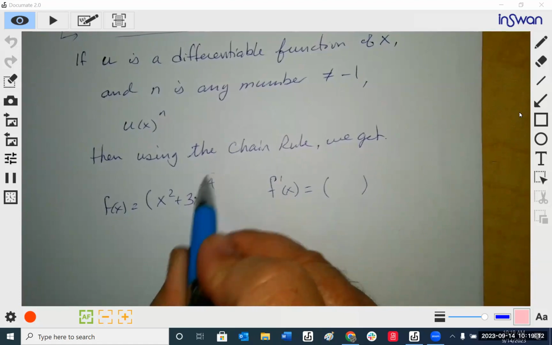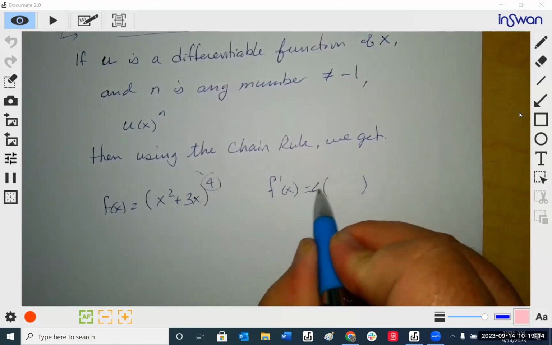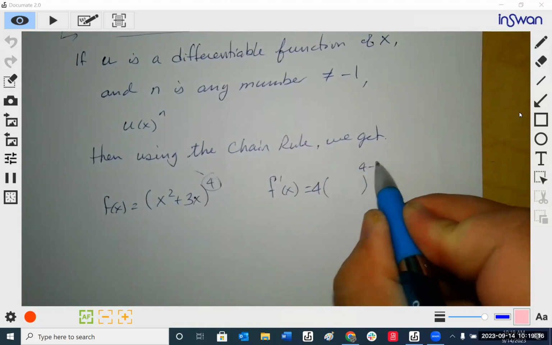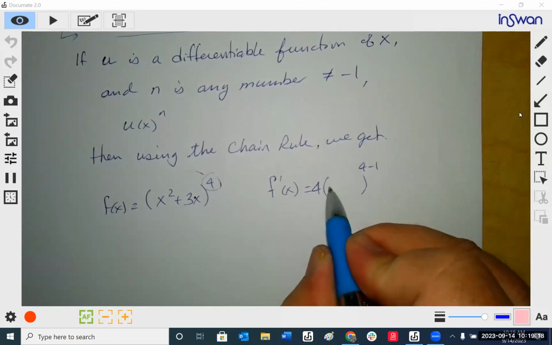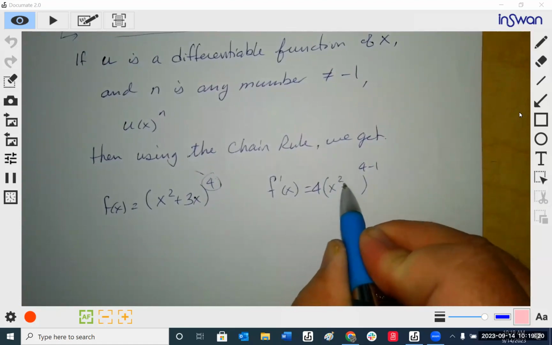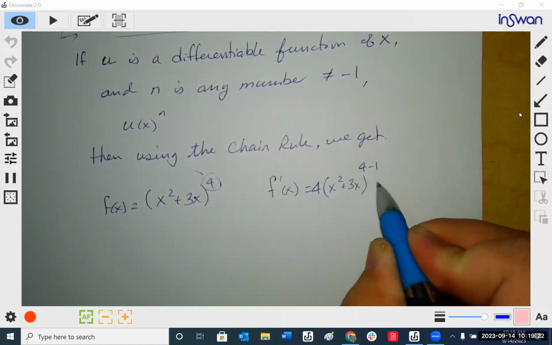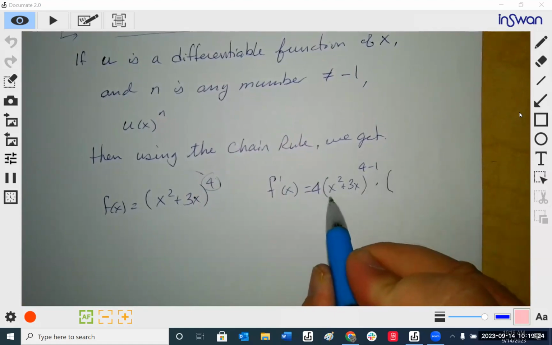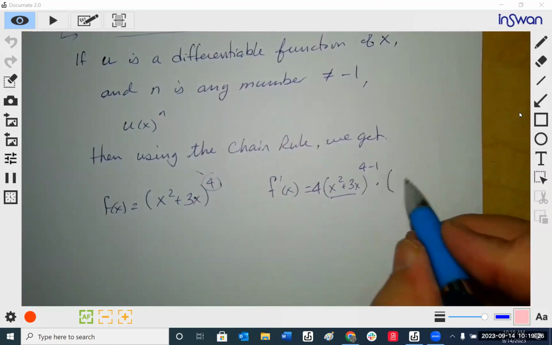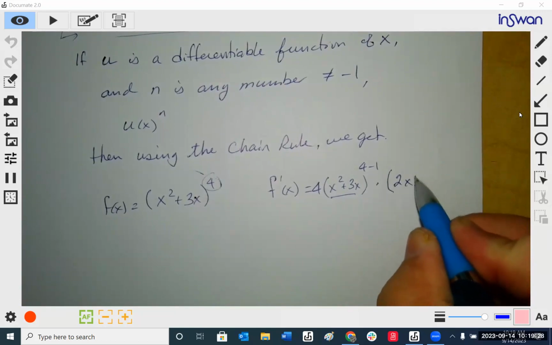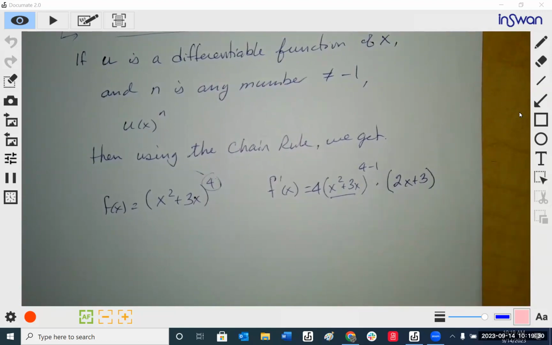Right, we first take the power and put it out in front. So this becomes 4 minus 1, and leave the inside alone. And then you multiply by the derivative of the inside. Very good. That's the chain rule.